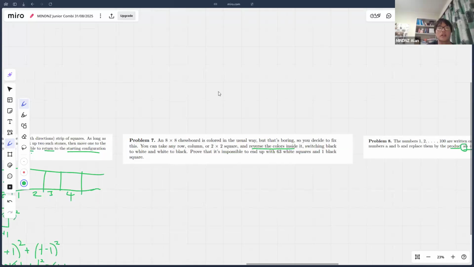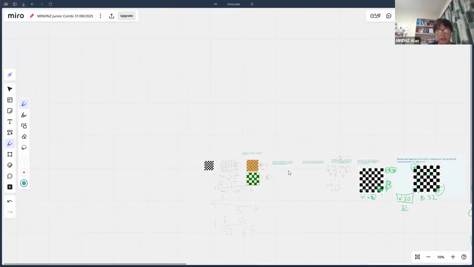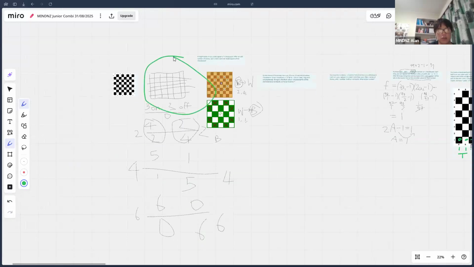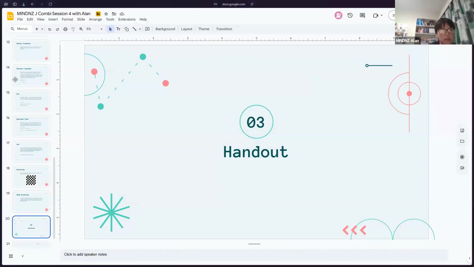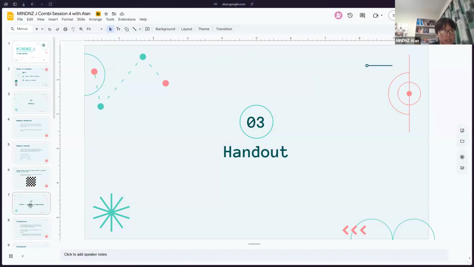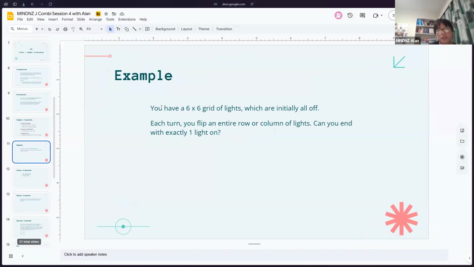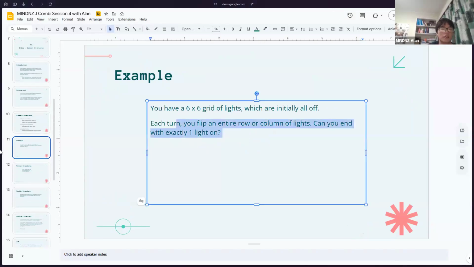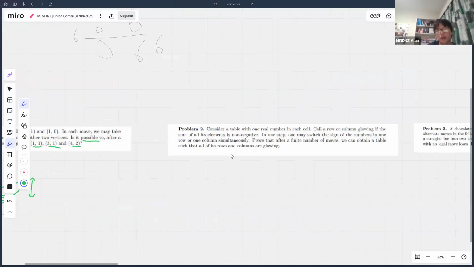Yeah, it's the same idea as this problem in the slides, the 6x6 grid of lights. You can just search the problems up, I think.